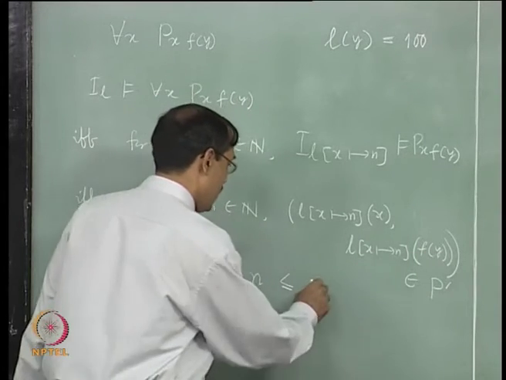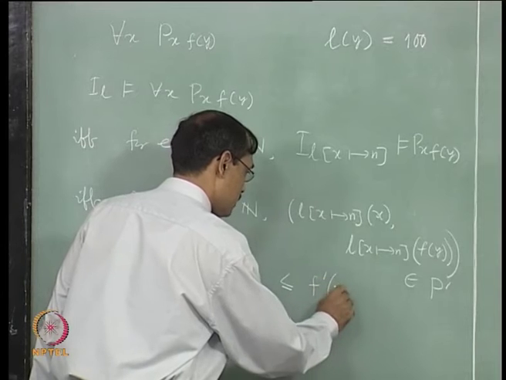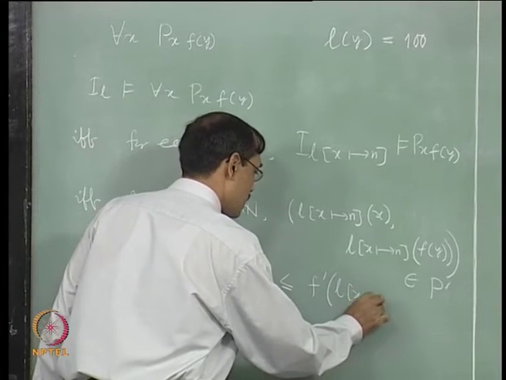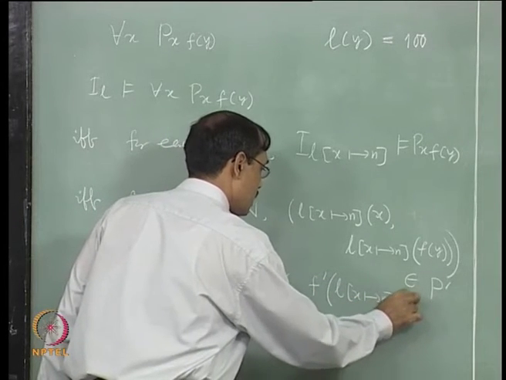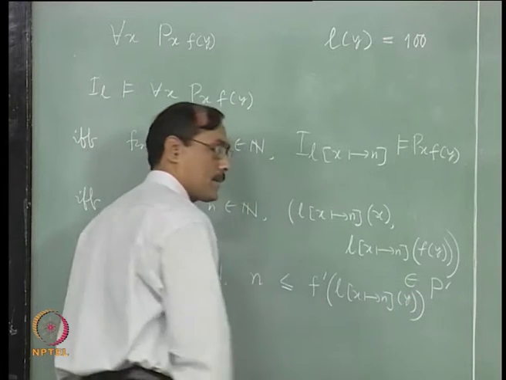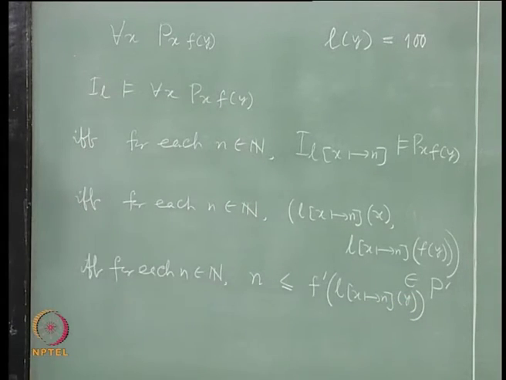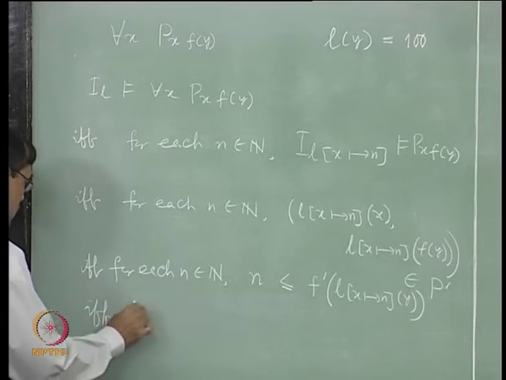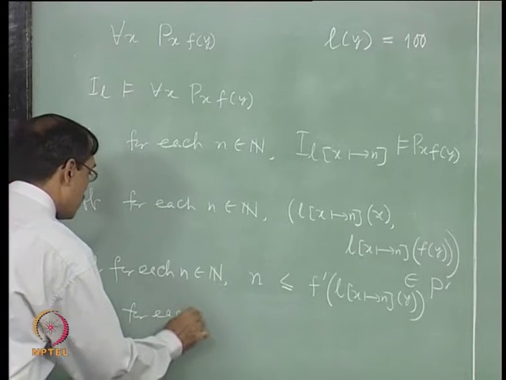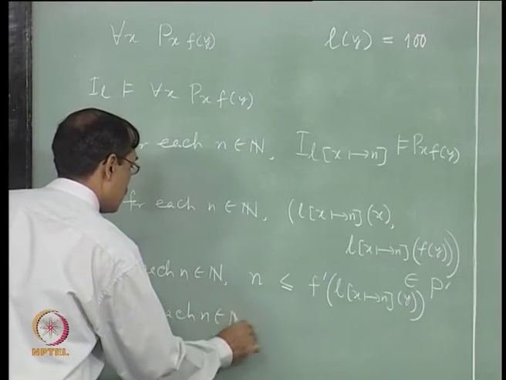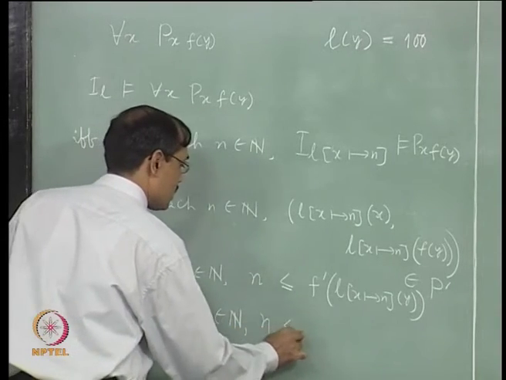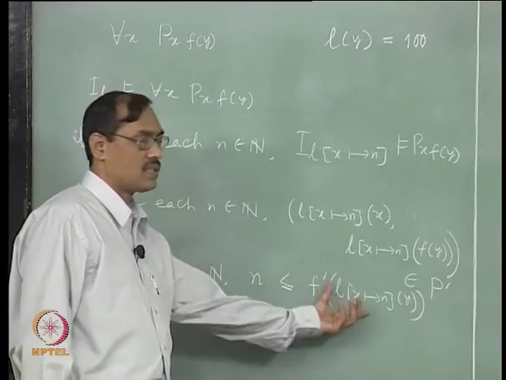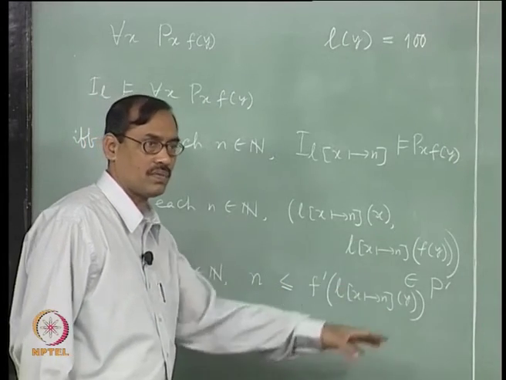So, that is again f prime of L x fixed to n of y, right. So, that gives for each n in N, n is less than or equal to, now f prime means just whatever its argument plus 4.